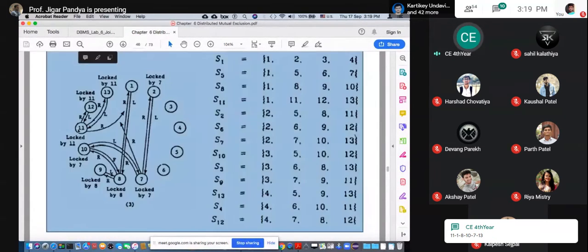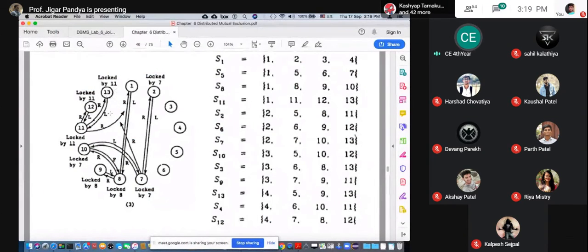One wants to go to critical section, and one will be waiting for release messages. So 11 is actually waiting for the acknowledgement from the 1, but 1 will be able to give acknowledgement only when 8 releases its acknowledgement back. Okay, but 8 actually is waiting on 10 to get the acknowledgement, right? By the time 10 is waiting for 7 to say, okay, I am done, which is like a release message. Okay.